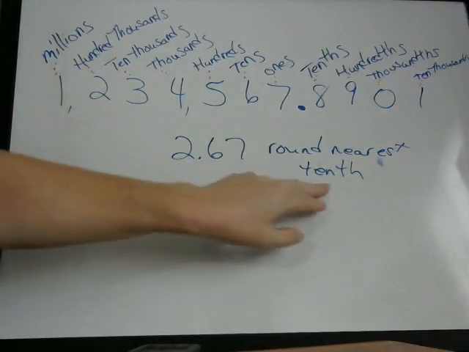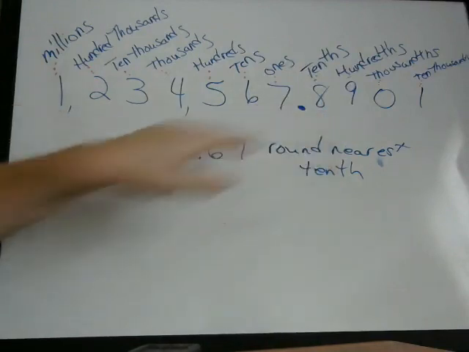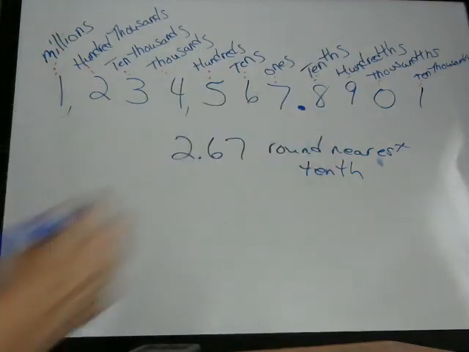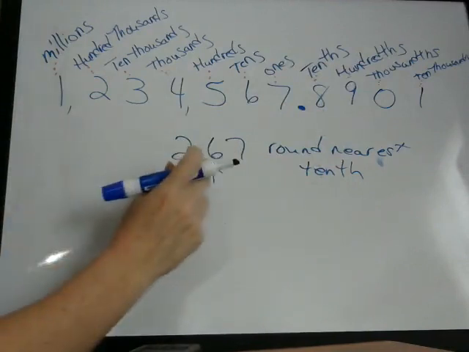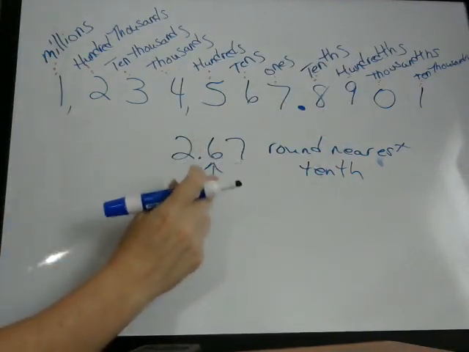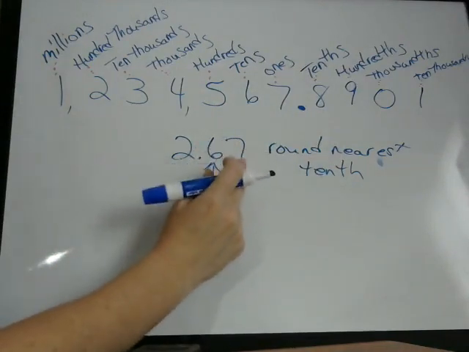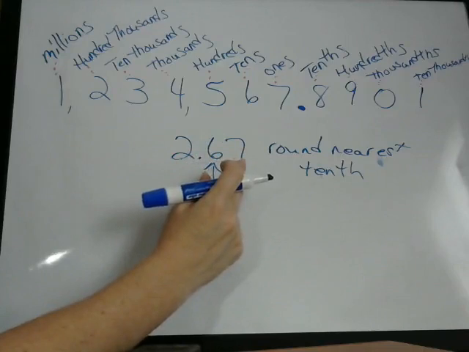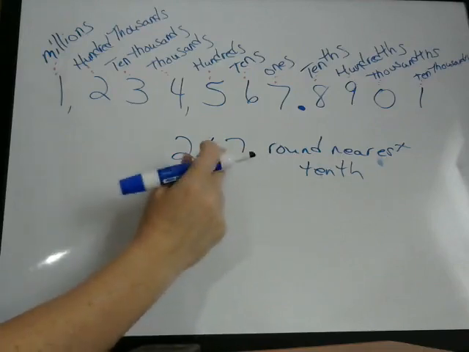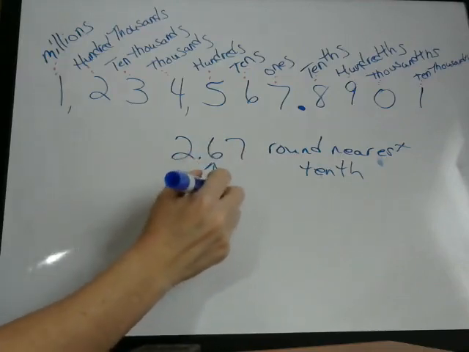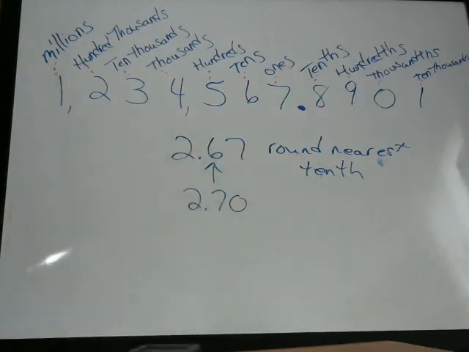So the tenths, remember, is this place here. It's 1 past the decimal. So that's this digit. So we're going to either keep or change this digit in the tenths position because that's what we're rounding to. So we look 1 digit over, it's a 7. That's greater than or equal to 5. So we're going to round this up. 2.7 or 2.70, doesn't matter. You can leave the 0 on there or not.